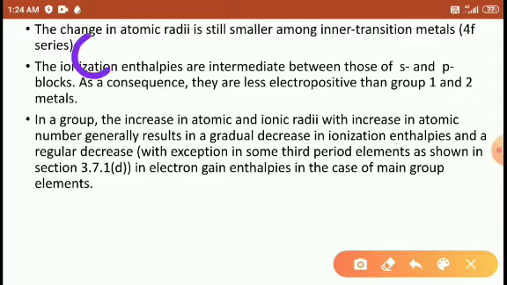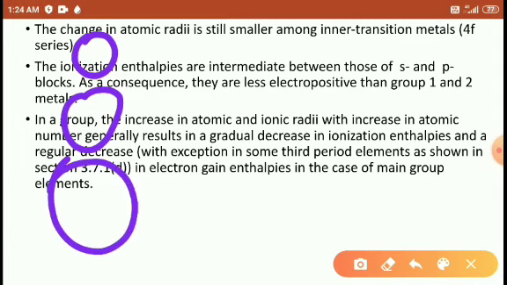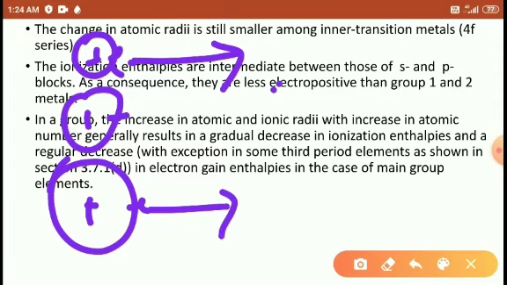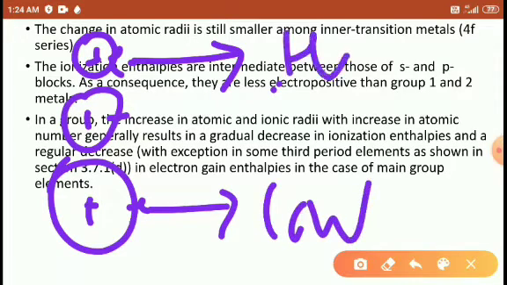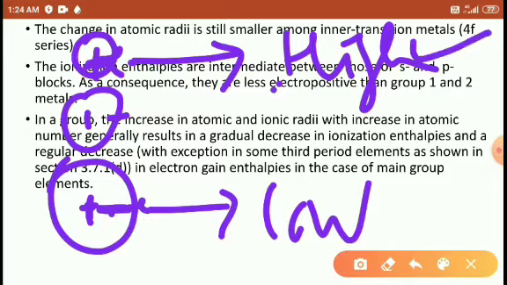As the size of the atoms increases, nuclear attraction decreases. Understood, friends? Because when the attraction between the nucleus and electron is high, ionization enthalpy is high; when it is low, ionization enthalpy is low.